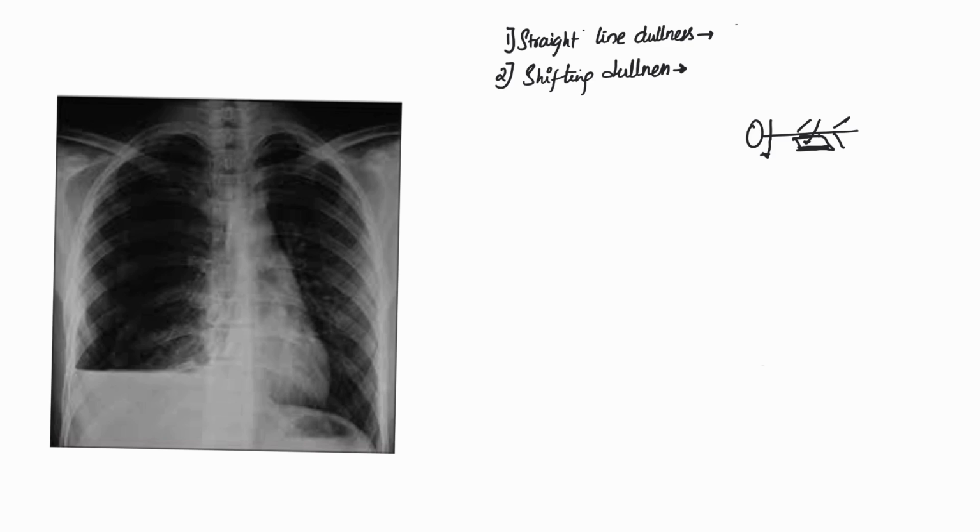So in this position, the dullness is here, point A. And when the patient is in erect position, now the fluid is here, and now there is dullness in the previous resonant part. So you can clearly see there is a shifting dullness similar to the ascites in this case.